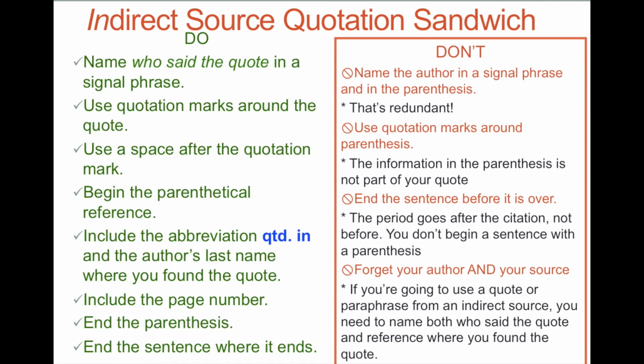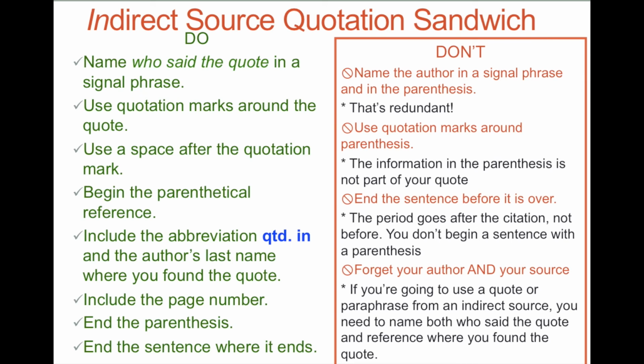Some don'ts about your indirect source quotation sandwich. First, don't name the author in the signal phrase and in the parentheses. So you wouldn't want to say, according to the mayor in Medina's article, then give the quote, and then give the parenthetical citation at the end and also name Medina. You don't want to name the author twice. It's just redundant.